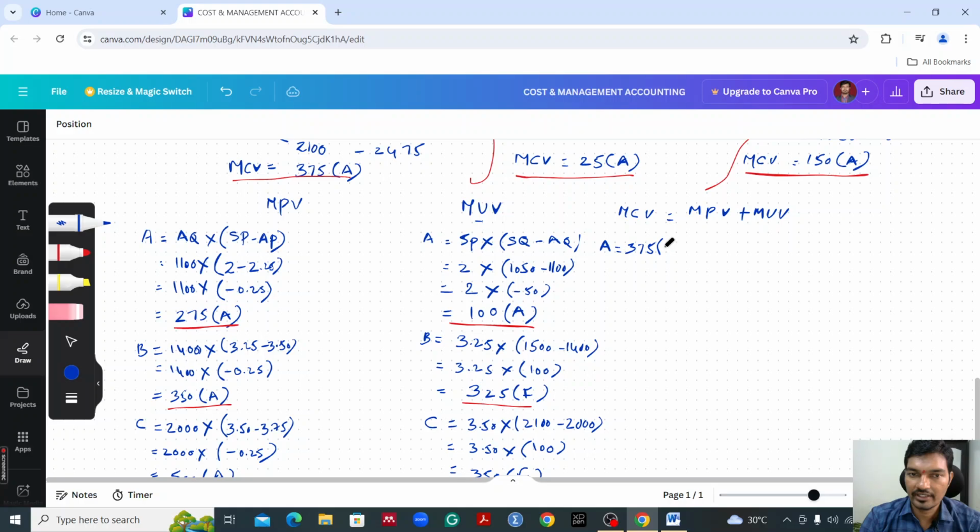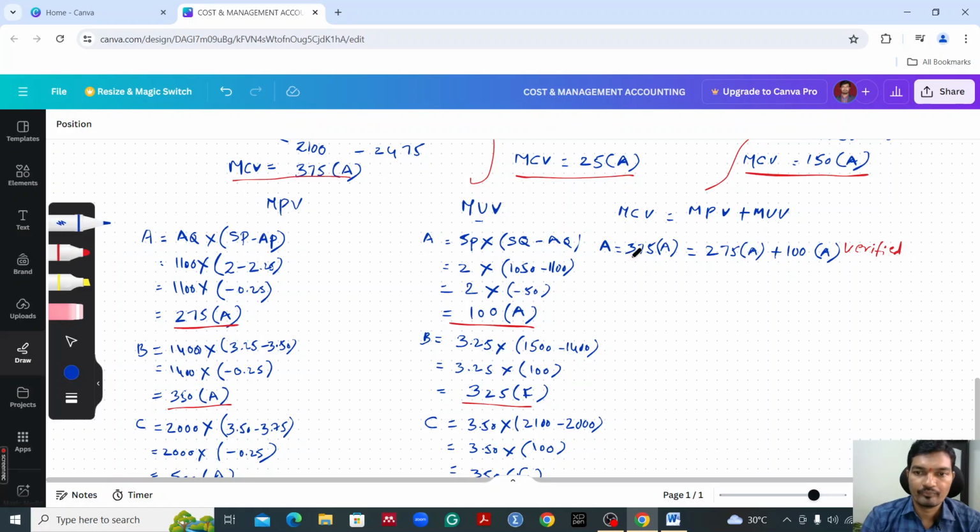The 375 we got in adverse is equal to the MPV for product A, 275 in adverse, plus the MUV for product A, 100 in adverse. MPV is in adverse, MUV is also in adverse. So both together 375, hence it is verified. So we have done the correct process.